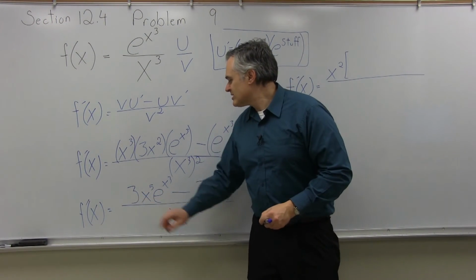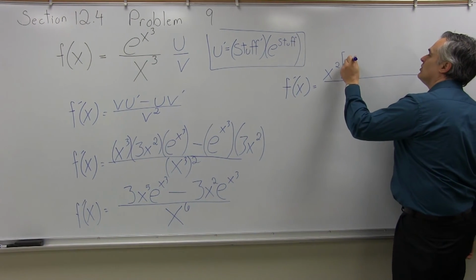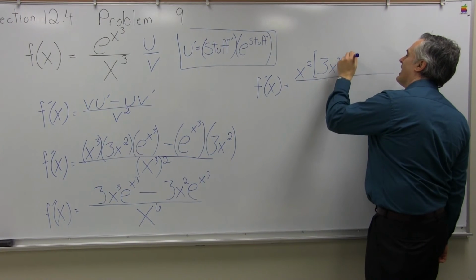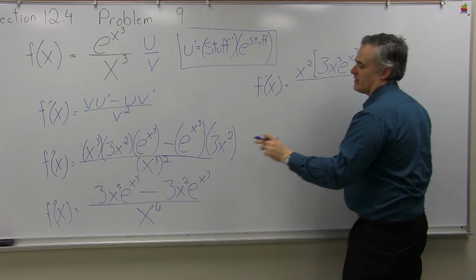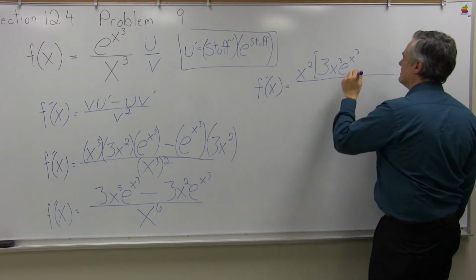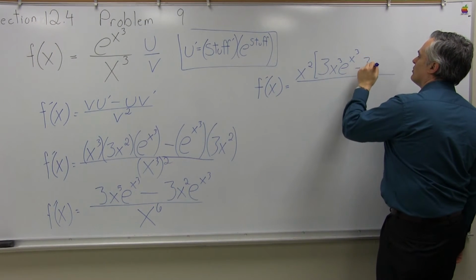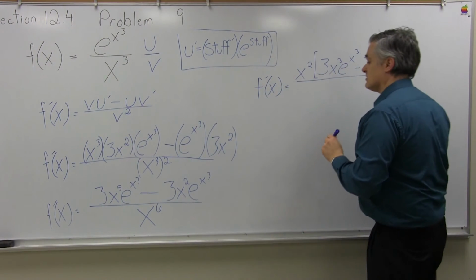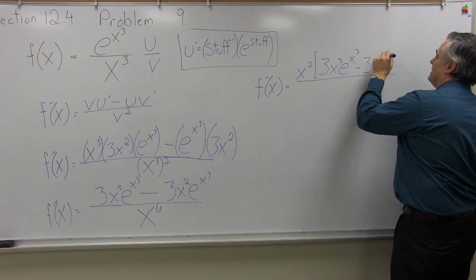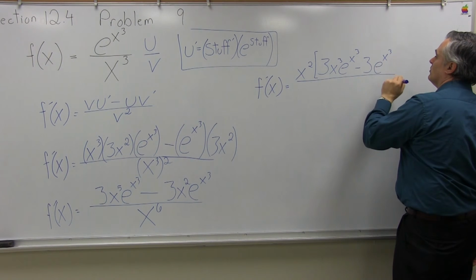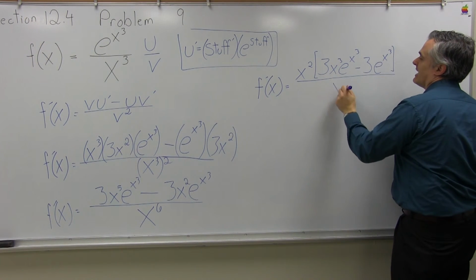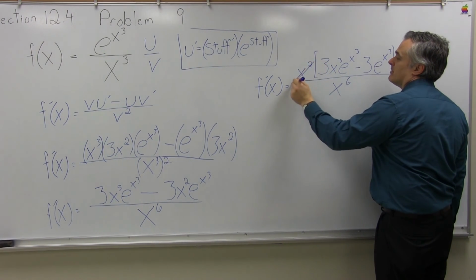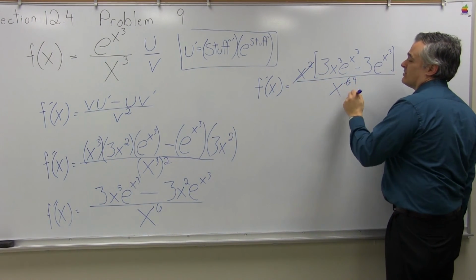So this 3x to the fifth will become 3x cubed e to the x cubed when I factor out an x squared, minus 3. When I take the x squared out, it just goes away. E to the x cubed. And I have an x to the sixth in the bottom. So the x squared that I took out of the top can reduce the x to the sixth down to an x to the fourth.